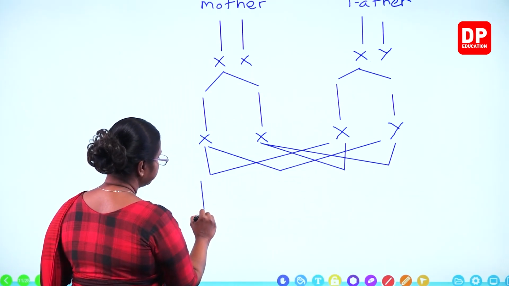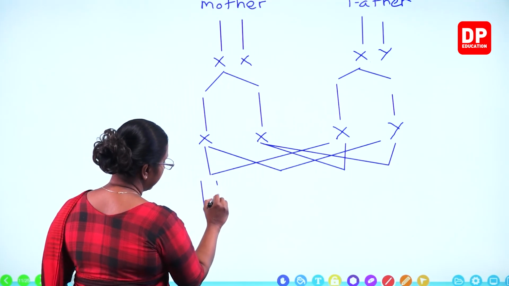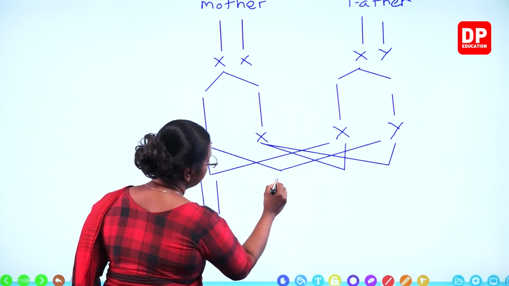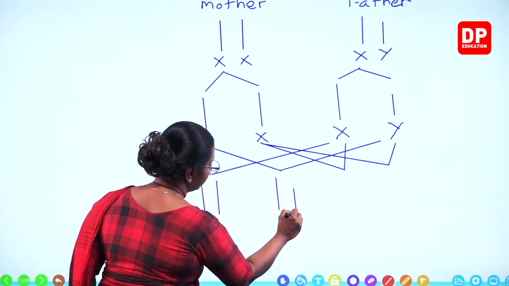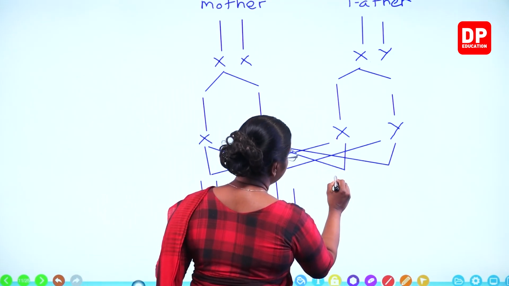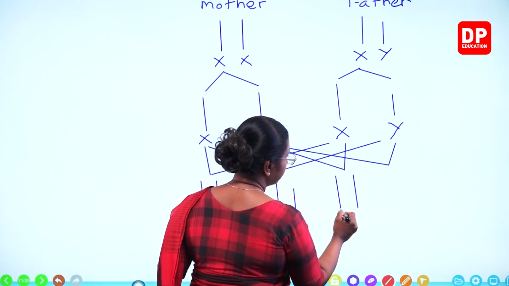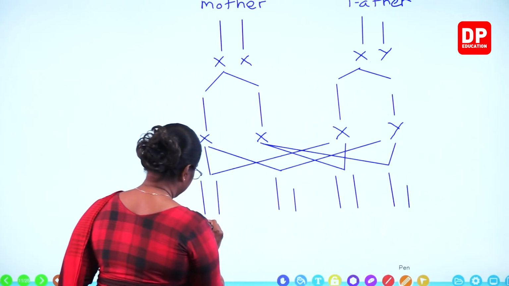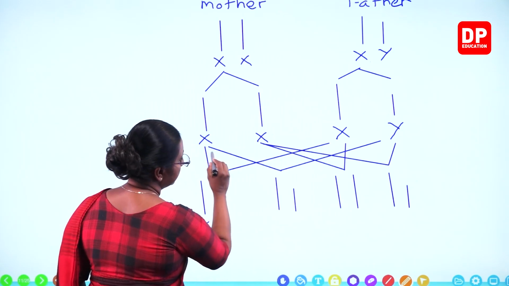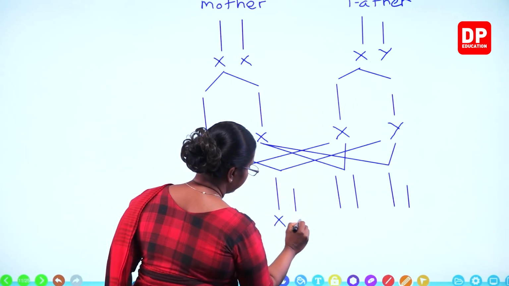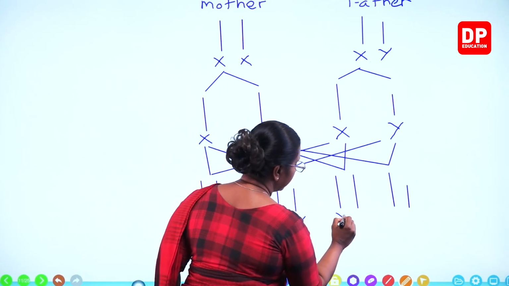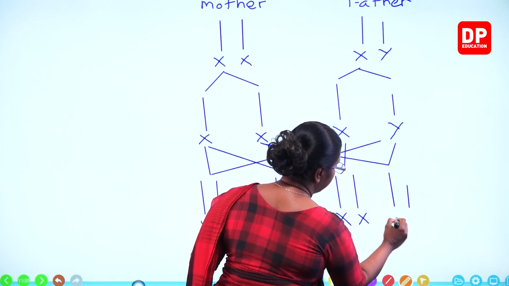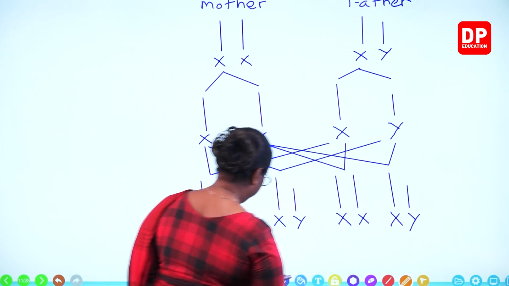So here you have both X and X. Here we have X and Y. Here again we have X and X and X and Y.